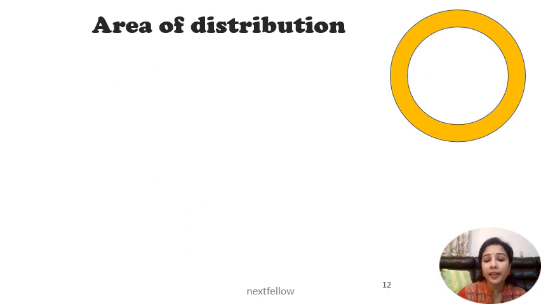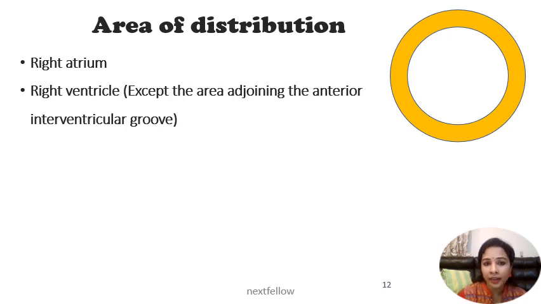Let's talk about the area of distribution of the right coronary artery. It supplies the right side: the right atrium and right ventricle, except the adjoining part of the interventricular groove. For our easy understanding, here is the interventricular septum. This is the right ventricle and this one is the left ventricle.